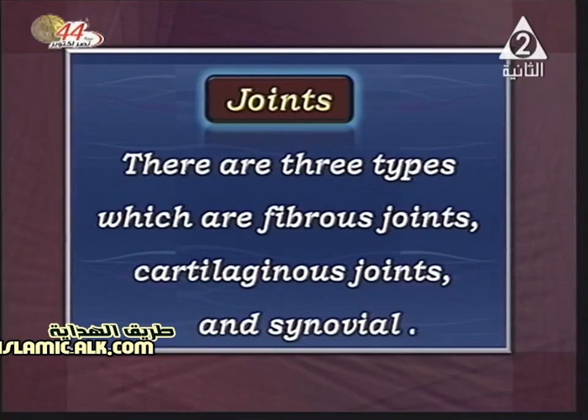This meeting of two bones is called a joint, whether they move or not; it's not necessarily a movable joint, as we're going to study right now. We have three types: fibrous joints, cartilaginous joints, and synovial joints. Starting with the fibrous joint.